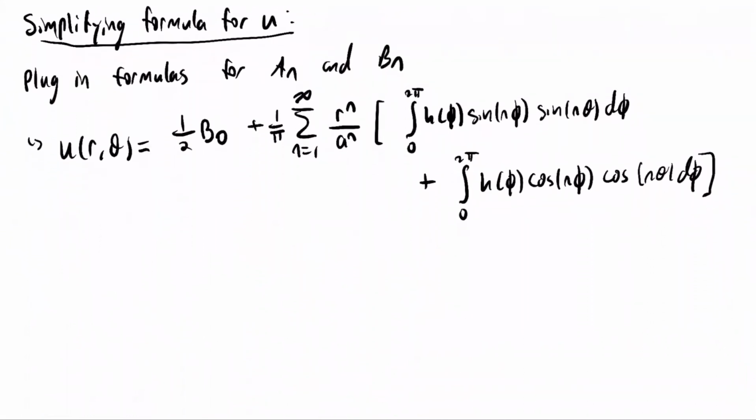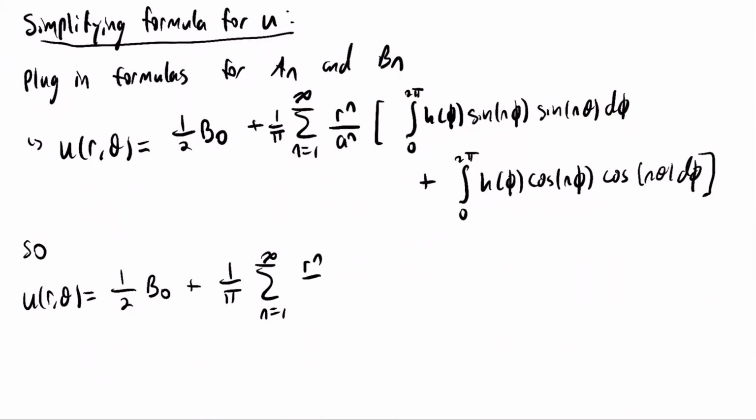Now let me combine everything here. We end up with u(r, θ) equal to 1/2 b_0 plus 1 over π times the sum from n equals 1 to infinity. Let's combine these two integrals.